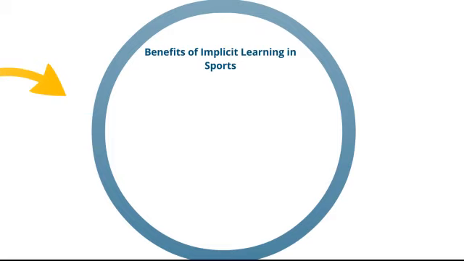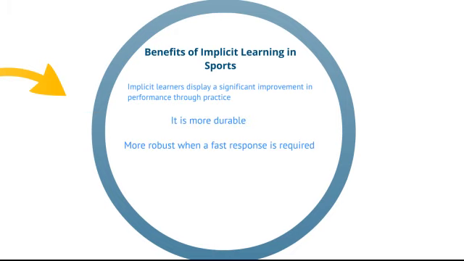Now, the benefits of implicit learning in sports have been studied and proven to be more advantageous for learning athletic skills. The skills that are acquired by implicit learning are more durable, more robust when a fast response is required, and more resilient under pressure.